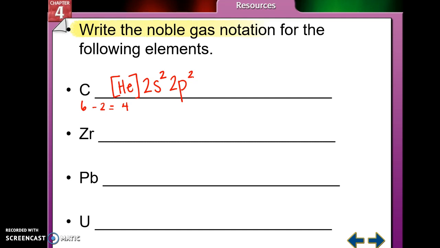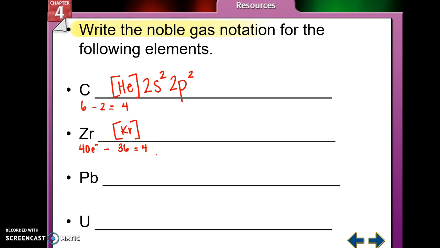Zirconium has 40 electrons, so I'm going to write that down here. Zirconium is on the 5th period on the periodic table, so go find it. The element that ends the 5th period is xenon, but zirconium has 40 electrons and xenon has 54, so that won't work. I look at the noble gas above xenon, which is krypton, and krypton has 36 electrons. So I do 40 minus 36, and I've got 4 electrons that need a home.